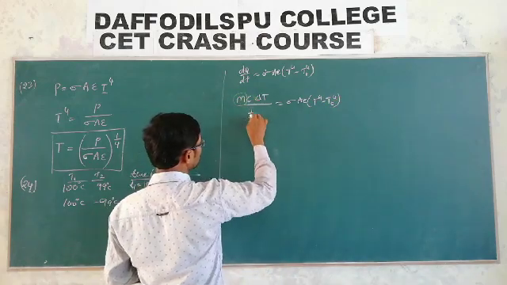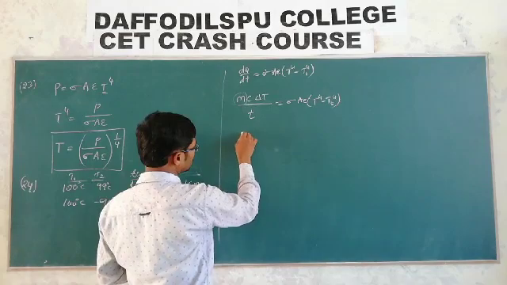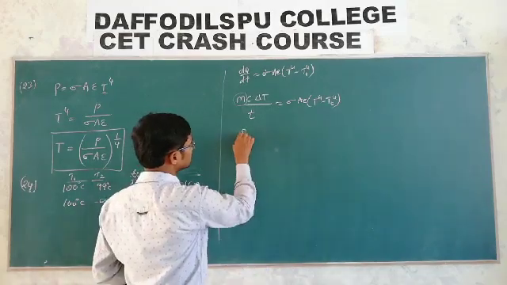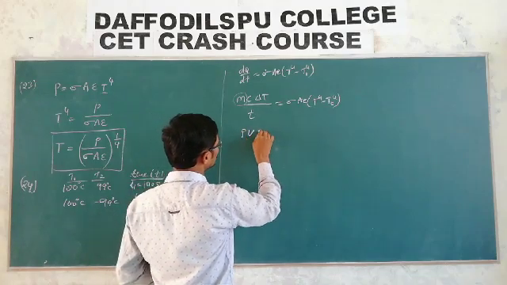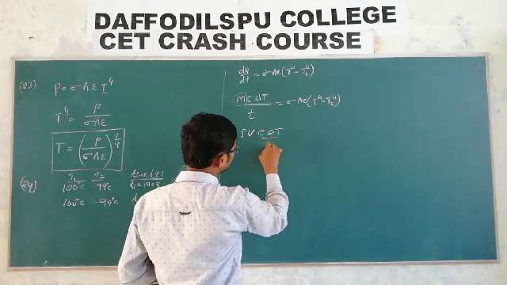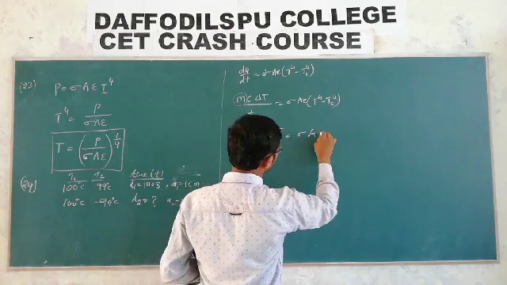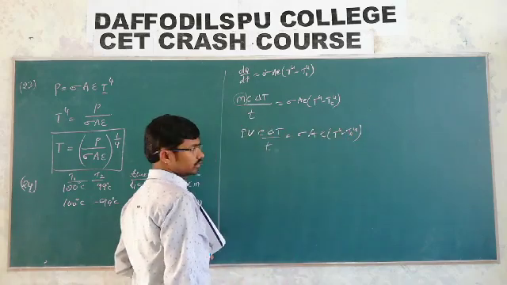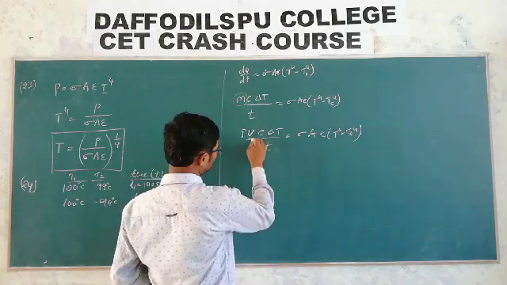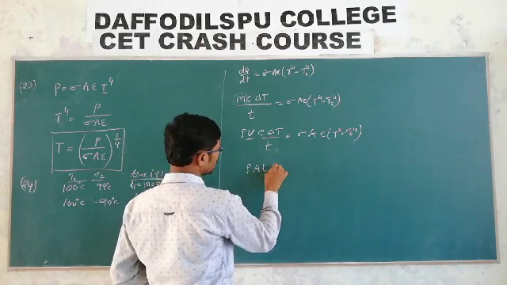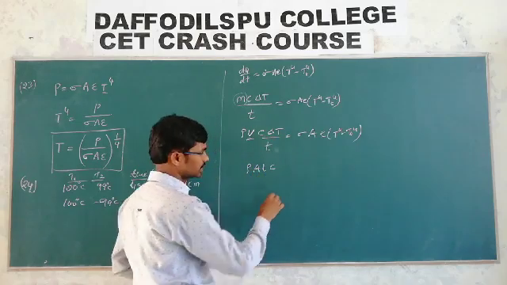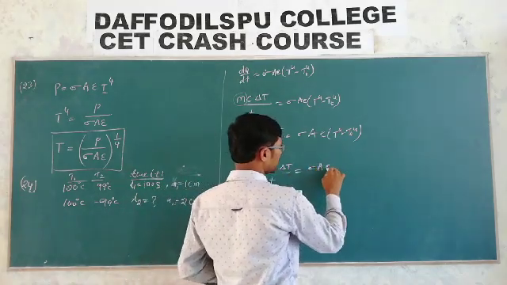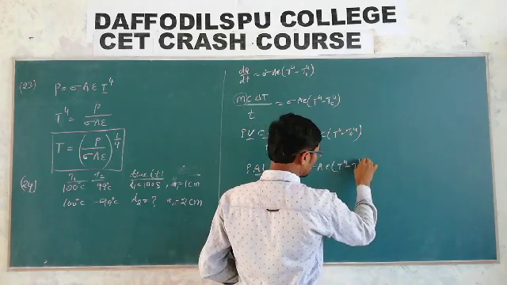Mass is density into volume, so density into volume into c delta T by t is equal to sigma A E into T power 4 minus T naught power 4. Then volume is area into length, so area into length into c, the specific heat capacity, into delta T by t is equal to sigma A E into T power 4 minus T naught power 4.